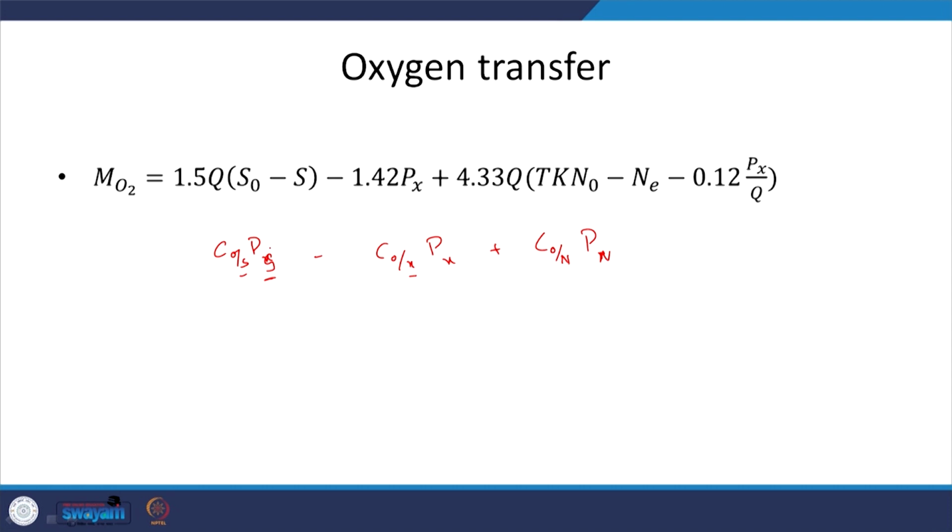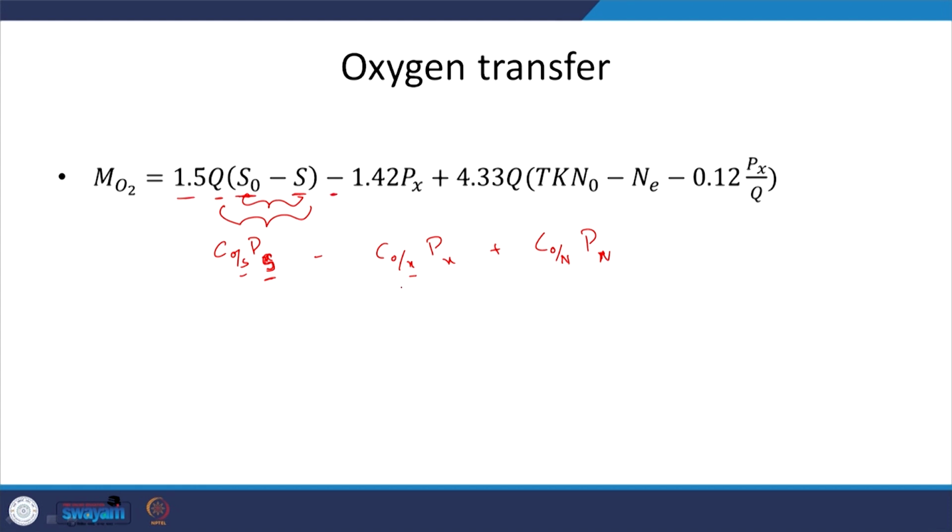It is nothing but the amount of substrate that is being consumed for which we need to provide the oxygen. That is what we have here, Q times (S0 minus S), the initial concentration of the substrate minus final. That multiplied by Q will give me the mass of the substrate that has to be biodegraded, and 1.5 is the conversion factor.